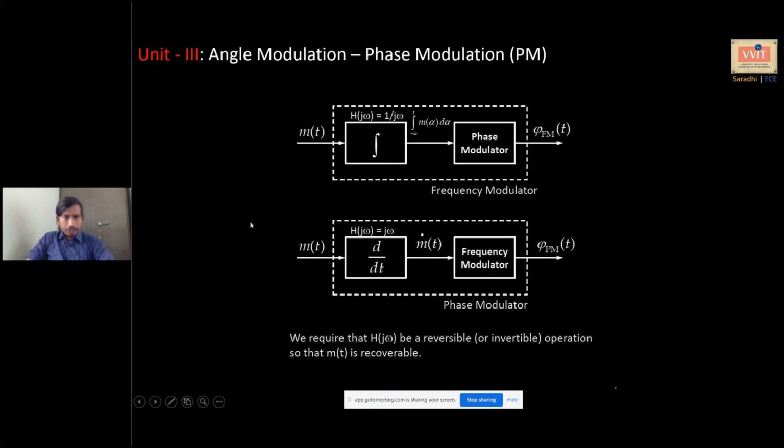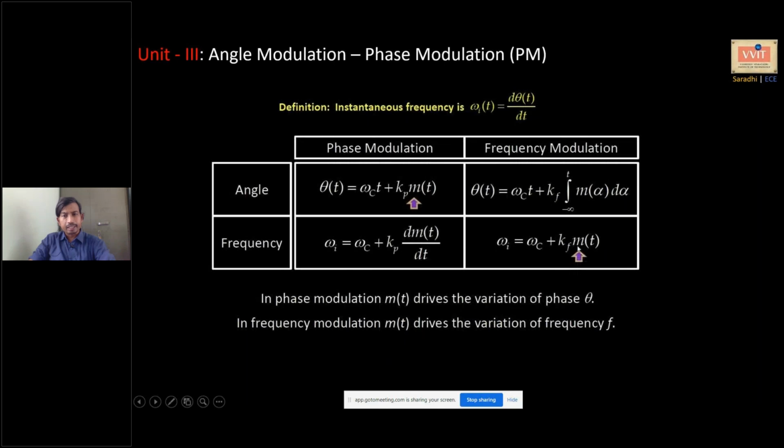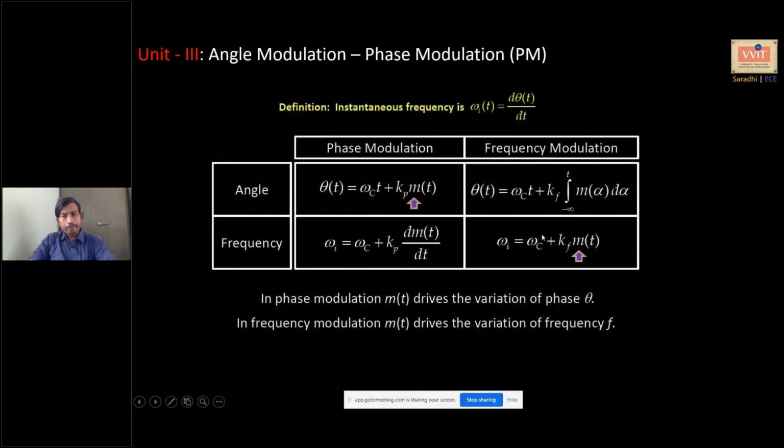Now the question is how to generate phase modulation. That can be generated from frequency modulation itself. Instead of giving message directly to the frequency modulator, you give the message signal after differentiating it as input to the frequency modulator, and that automatically generates a phase modulated signal. That is all because of these relations.